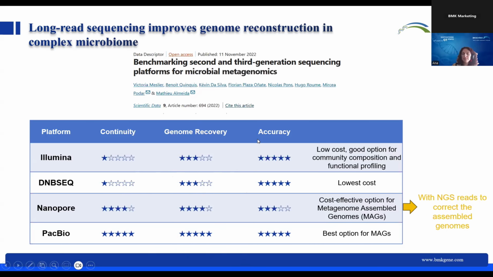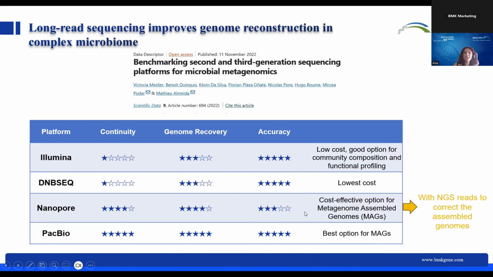The last parameter is accuracy, which is basically taking the reads and aligning them against the reference genomes of the microbes that we know are there, and seeing if we have a lot of errors in our reads. This is where short reads are really nice, because they have good accuracy, so the error rate was low, and PacBio also has good accuracy, with a low error rate.